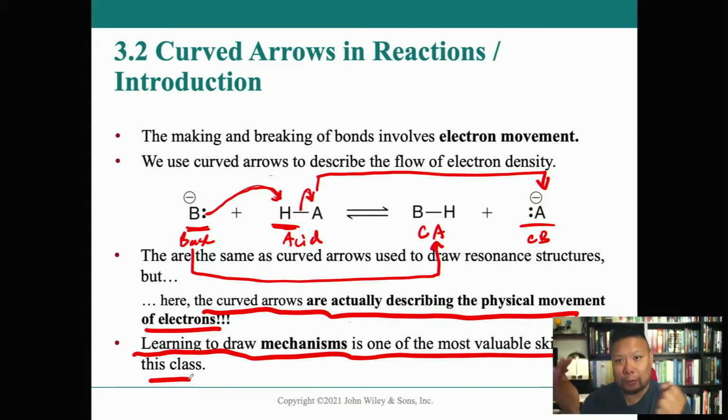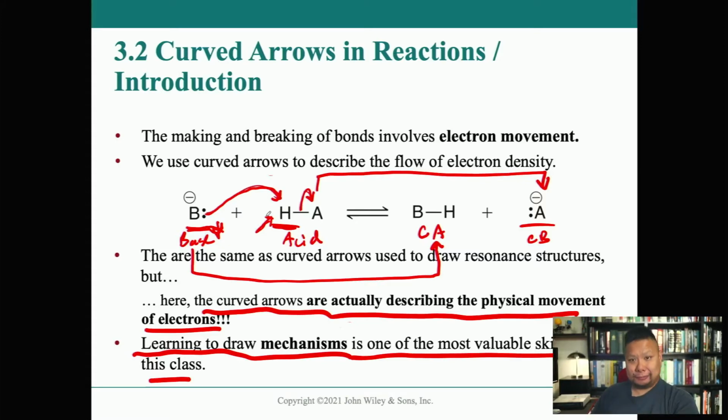Or electrons go toward electron sinks, right? And in this case, you have a lone pair of electrons on this base right there. And what is it attracted to? It's attracted to this positively charged proton right here, right? That's why it takes it. Okay?